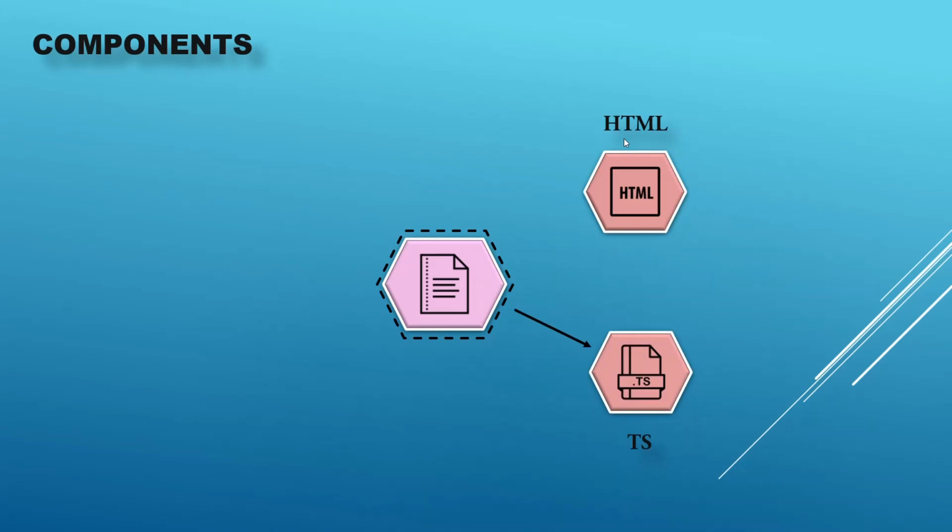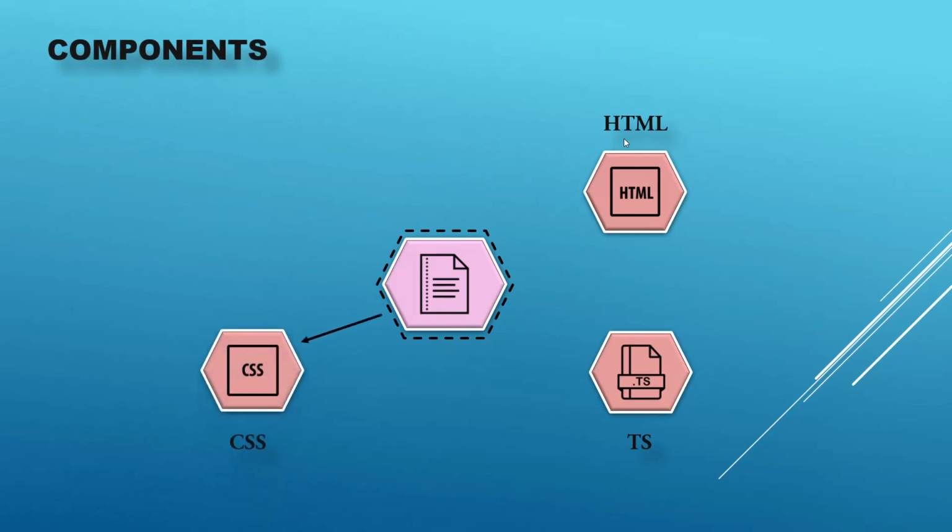There you can control the HTML you have written. That controlling part you can do in the TS file. Then you will get one CSS file as well. So you can decorate your HTML according to the user. That we can do in the CSS file.